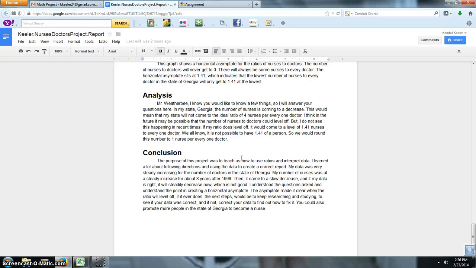If it ever hits 1.41, that's where it will level off, but that's a very low number and not what you ideally want. If you want 4 nurses per doctor, I would say you could try and promote the people in Georgia to become nurses or up the money so that they get more nurses because that's necessary.